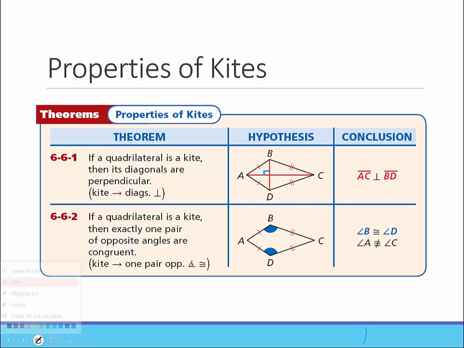Now, one thing that you need to watch out for is this angle here and this angle here are not congruent. It's just the ones that make up the pairs of sides that are not congruent. And that has to do with the fact that if we cut this in half with a diagonal, we have two triangles, and we can use side-angle-side to prove that those two triangles are congruent.